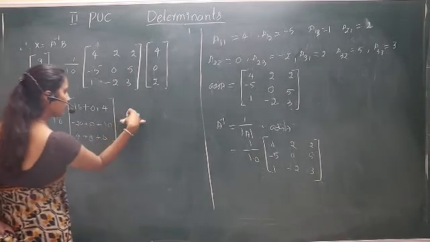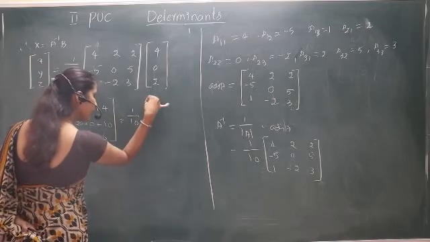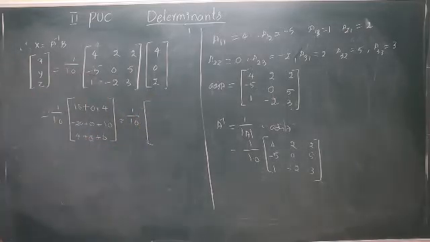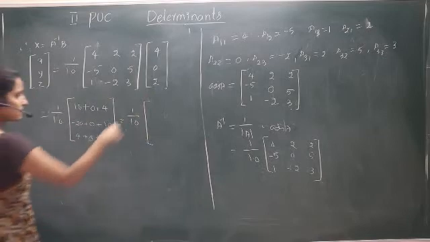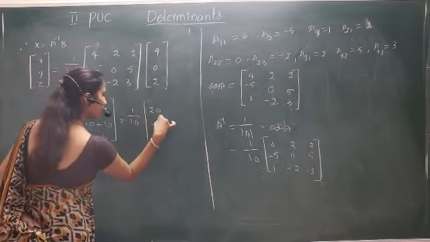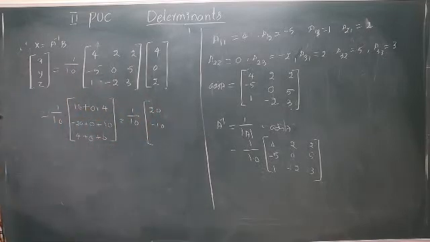So this will be equal to 1 by 10 into 20, minus 10, and 10.